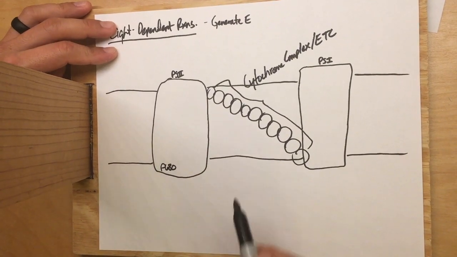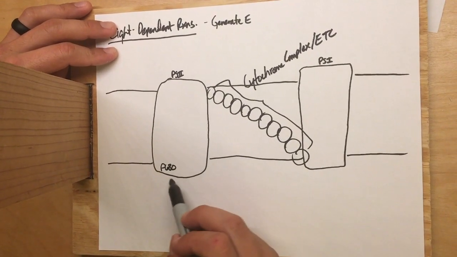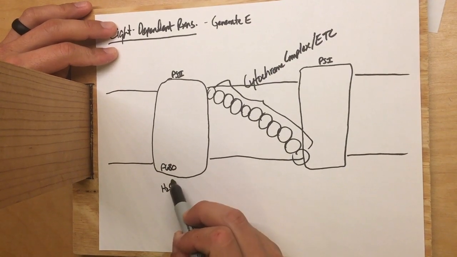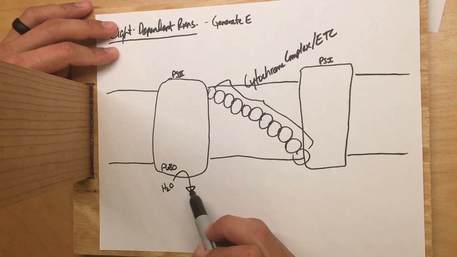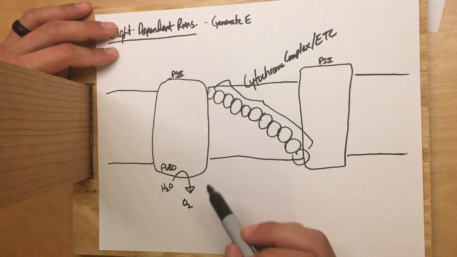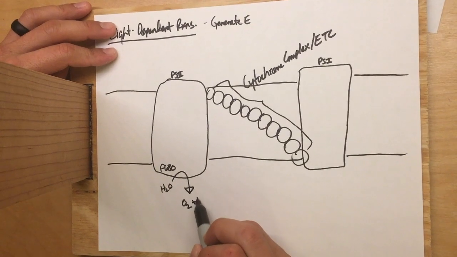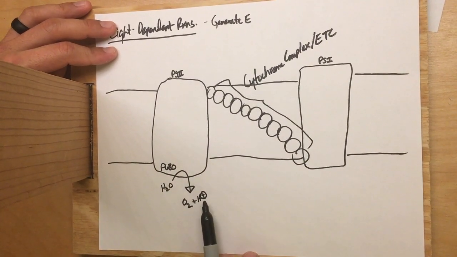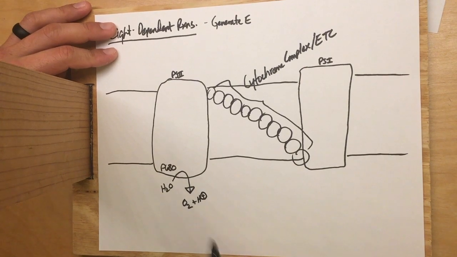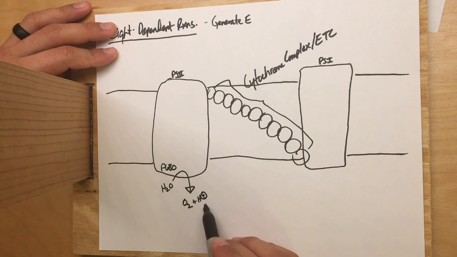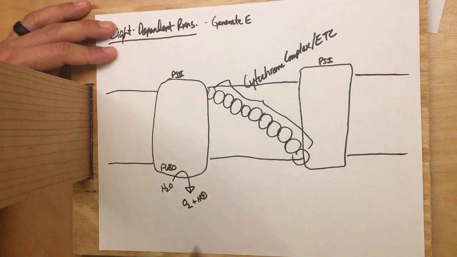And P680 is going to do a really special reaction where it is going to take a molecule of water and split it into oxygen, so obviously it's more than one water molecule, and a hydrogen proton. If you think about what's going on, hydrogen, just normally as an atom, has 1 proton and 1 electron. But if it has a positive charge, that means it's actually missing an electron, and so it's just a proton.